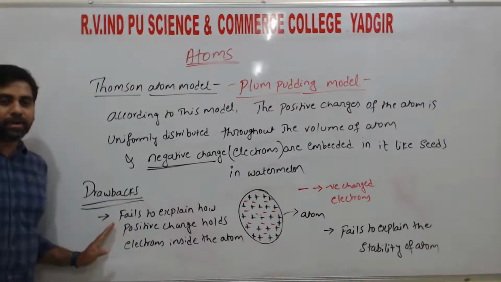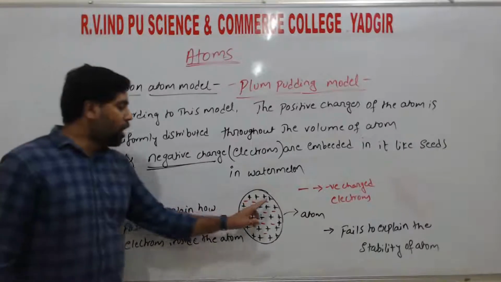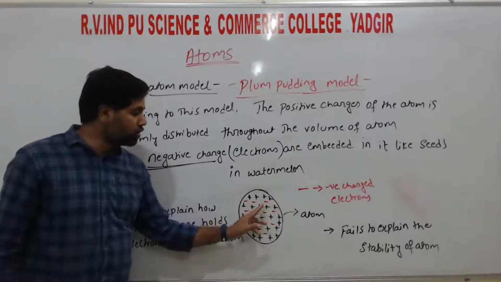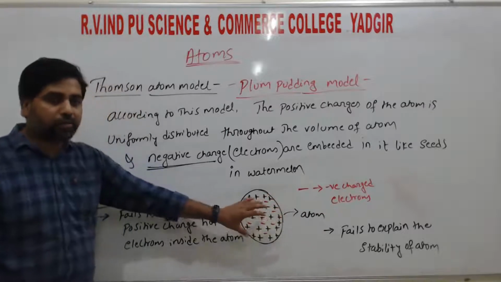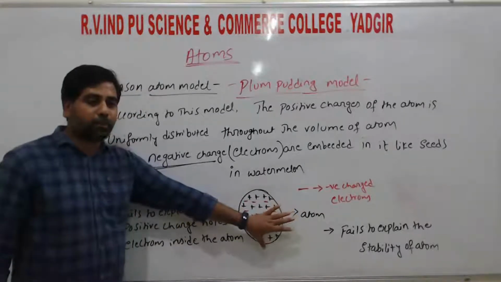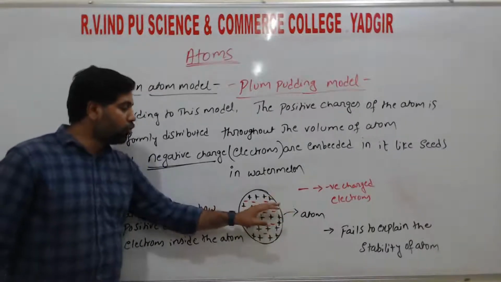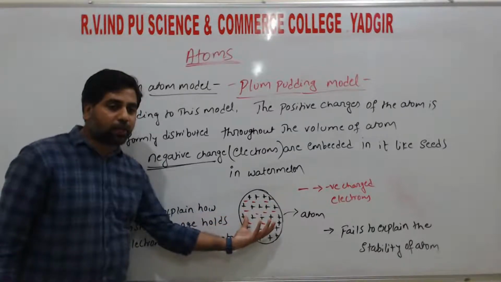The first drawback is it fails to explain how the positive charges hold the negative electrons inside the atom. The atom is a sphere, so it can't hold the electrons inside the sphere.